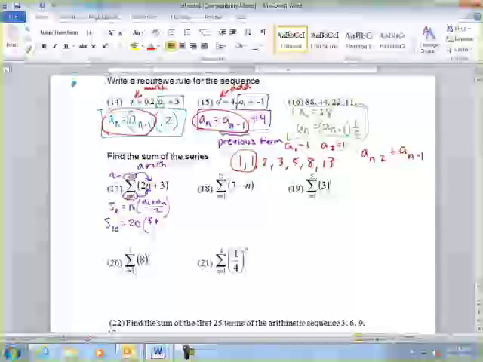Plug the 20 into the rule. So that gives me 43. And then we do the arithmetic there and get 480. So if I added up the first 20 terms of that series, it would add up to 480.